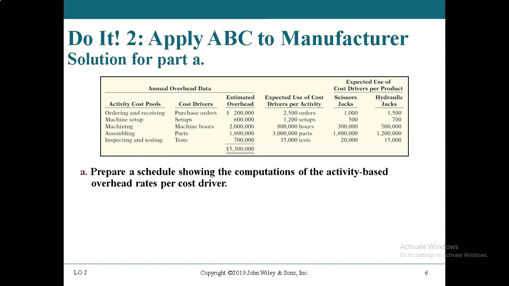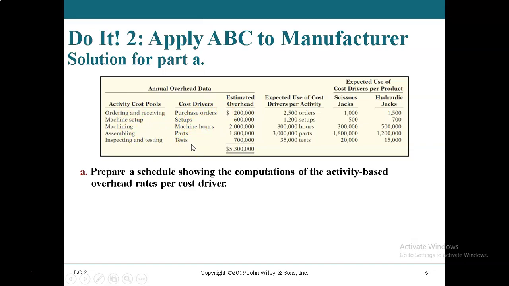Okay, let's take a look at an activity-based costing problem. Here in this problem, we have 5 different activities, or cost pools, we call them. We have ordering and receiving cost, machine setup cost, machining cost, assembling cost, and inspection and testing cost. For each cost pool, we have a cost driver.